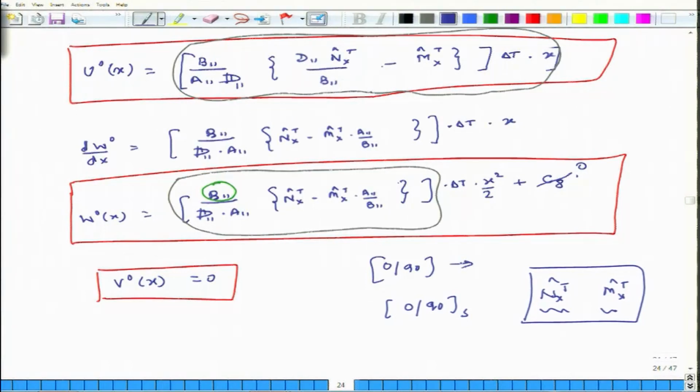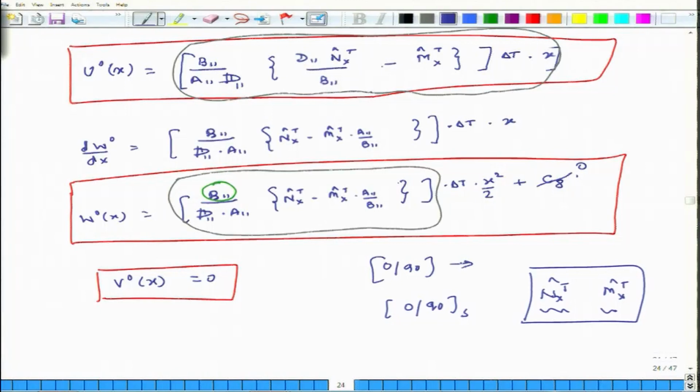The other thing is what happens when the plate is symmetric and if delta t is non-zero. In that case we should look at these relations for u naught and w naught. When the plate is symmetric, in the numerator of both expressions for u and w, the entire displacement function is multiplied by this term B11, and when the plate is symmetric, then B11 will be 0.